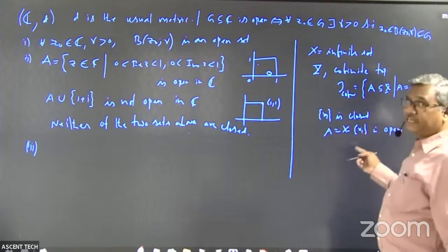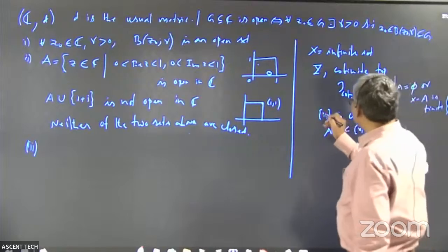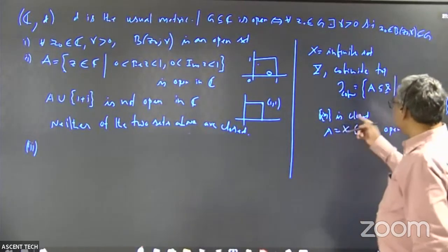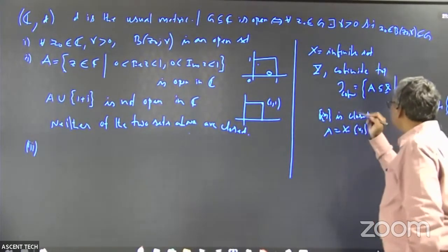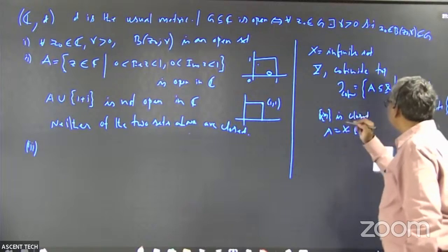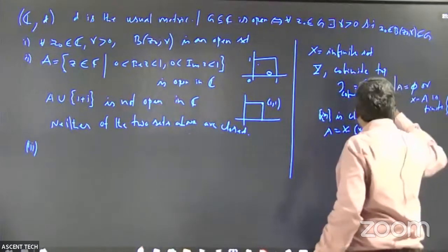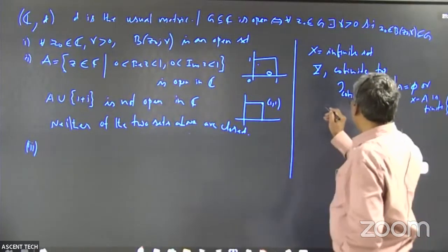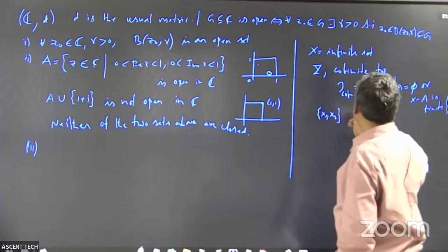Maybe I even put x1, x2. That's also a closed set because its complement is open. So we are giving you the example that you are seeking. The set containing x1, x2 is closed.